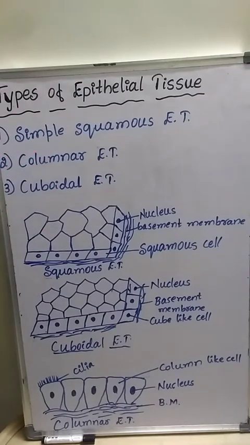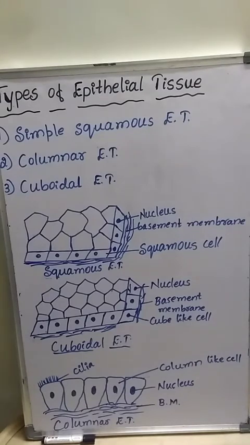Simple squamous epithelial tissue is also called pavement epithelium because the cells of this tissue fit together like the tiles of a floor. The cells of the simple squamous epithelial tissue are flat.